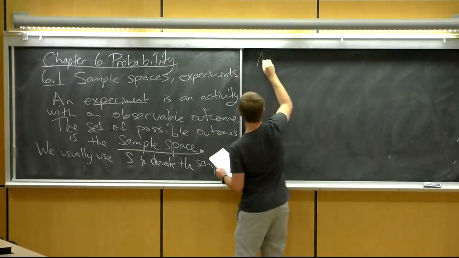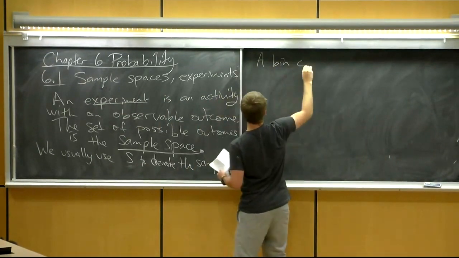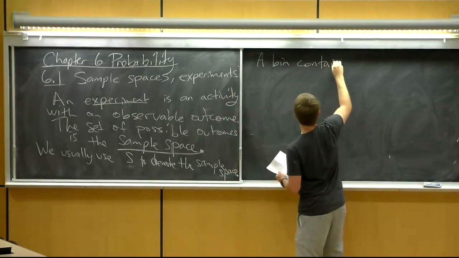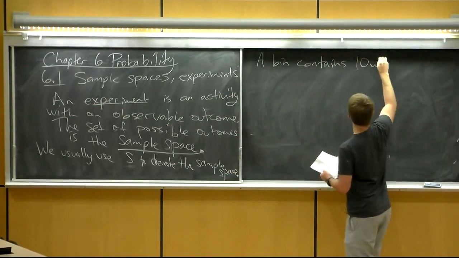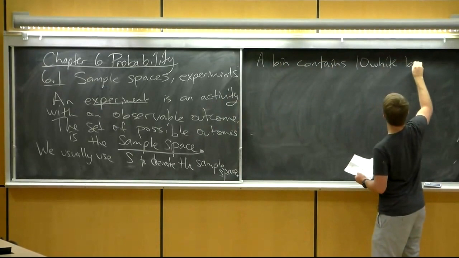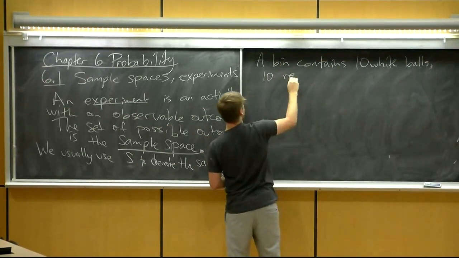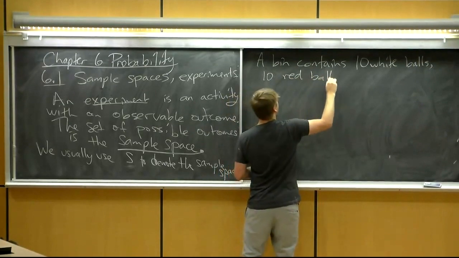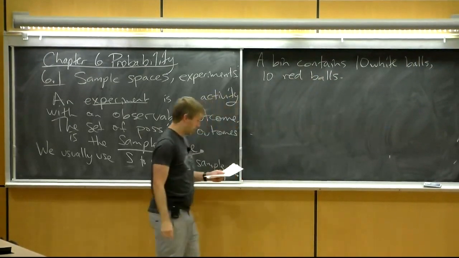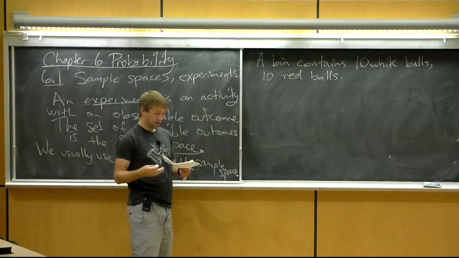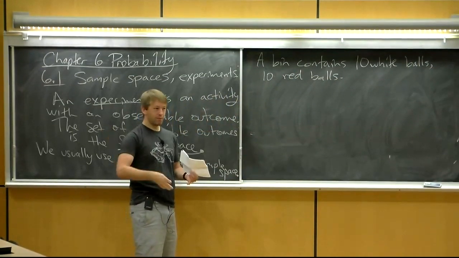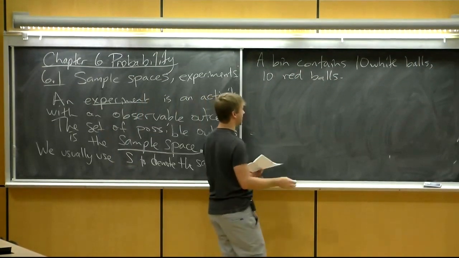So let's say that you have a bin. It contains 10 white balls and 10 red balls. And suppose that you pick out three balls from the bin at random, one at a time.